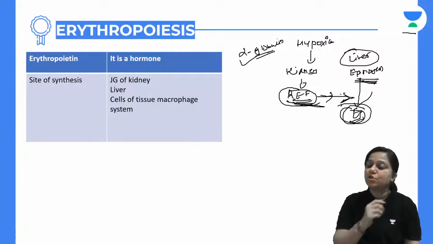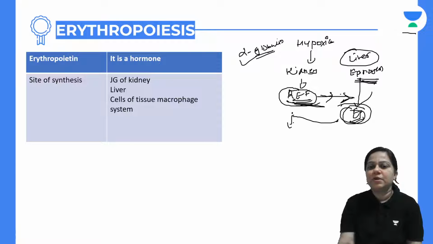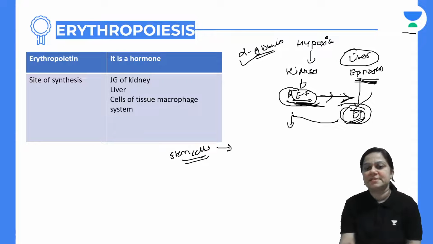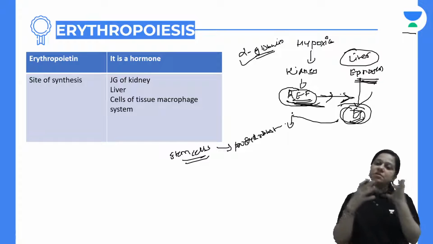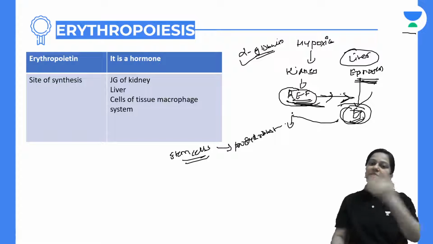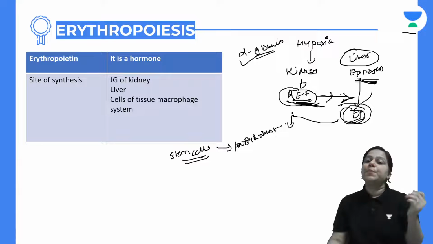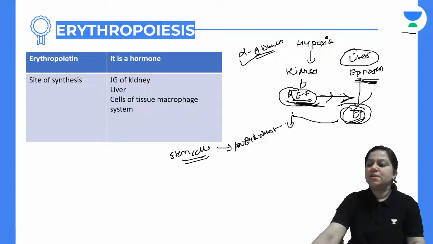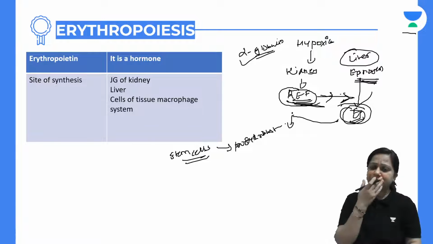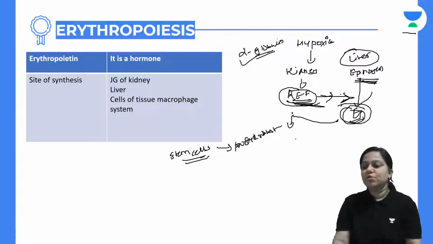Now, what will this erythropoietin do? Erythropoietin will act on erythropoietin-sensitive stem cells and convert them into more and more proerythroblasts. It means it will divert the stem cell series towards the proerythroblast. That is one action of erythropoietin.